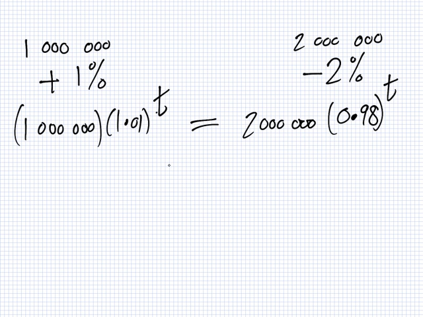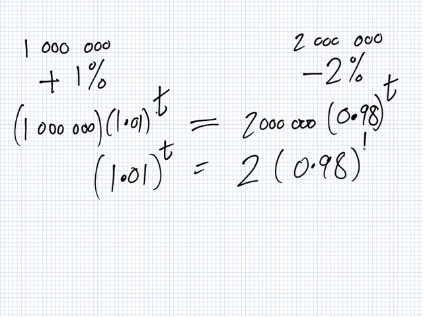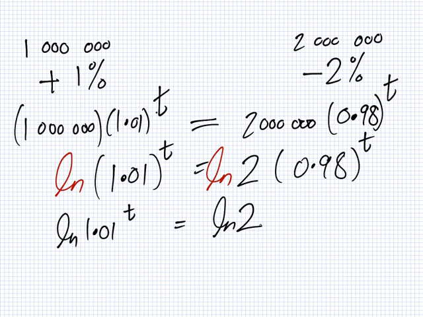So divide both sides by 1 million. 1.01 power t equals 2 times 0.98 power t. What should I do next? Log here and log here. So this will be log 1.01^t equals log 2 plus log 0.98^t.